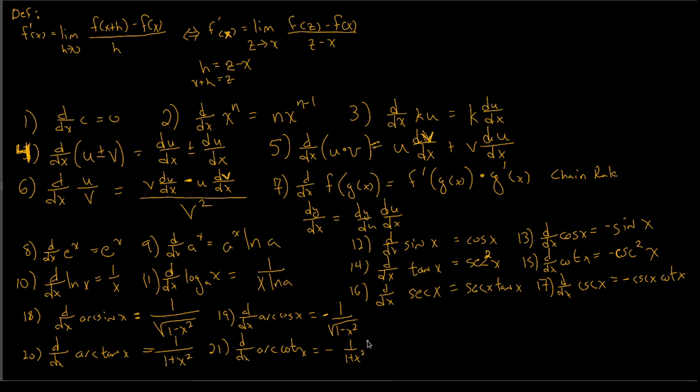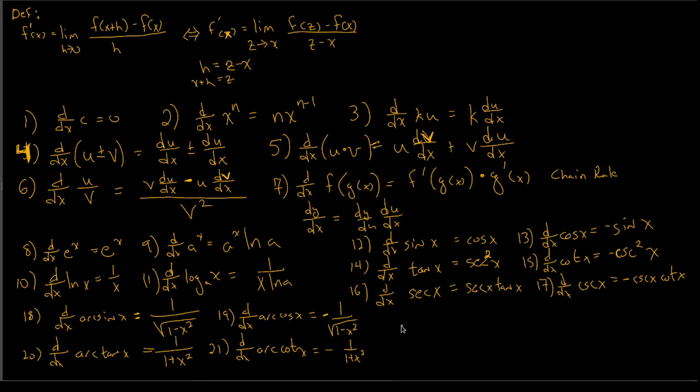What we note is there are some limits on the domains these things can come from. Sine and cosine can only come in between negative 1 to 1, non-inclusive. Arctangent and tangent can take any real numbers.